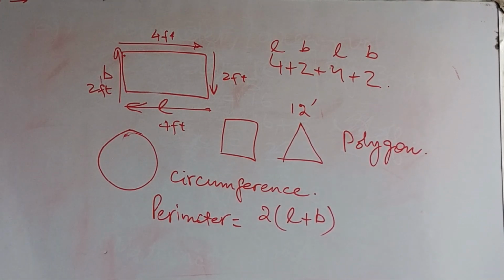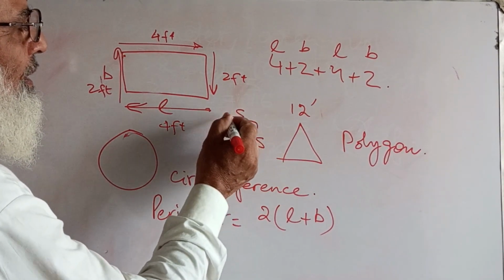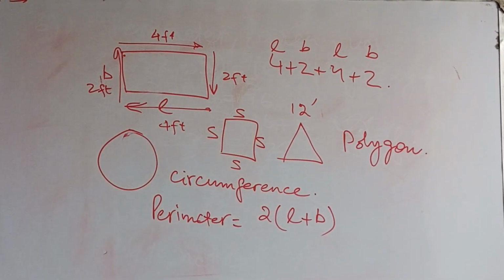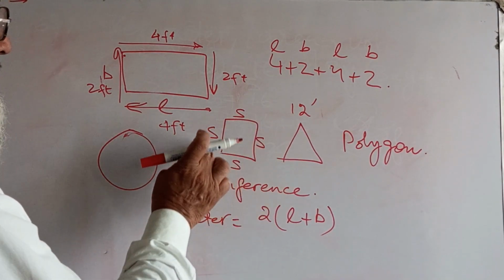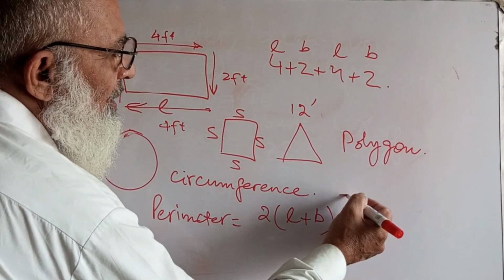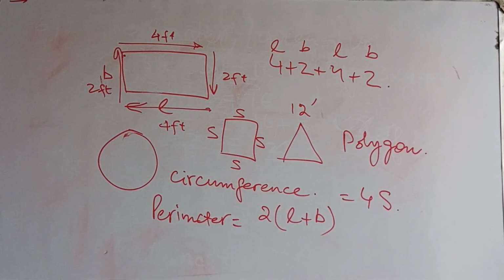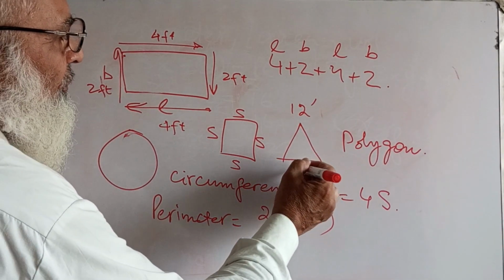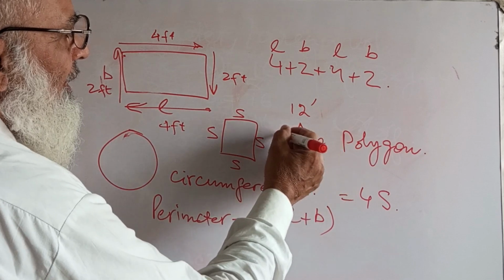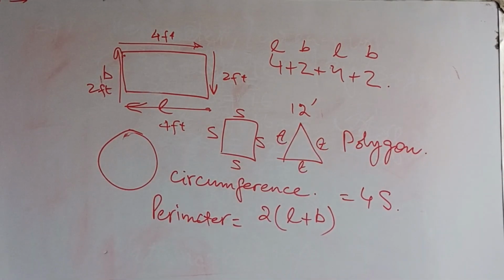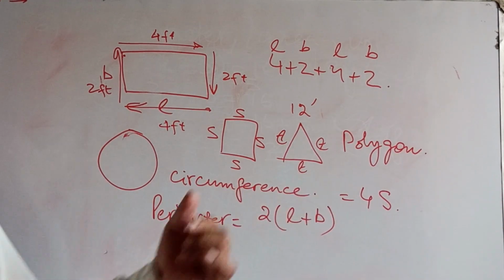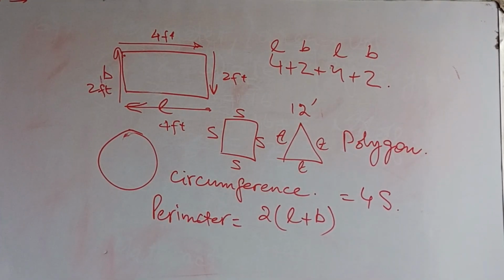And similarly, if this is the side of the square, when it is a regular square, so S, S, S, S, it means 4S will be the perimeter of this square. And if it is a triangle, so T, T, T. But only if it is an equilateral triangle, it will be 3T.